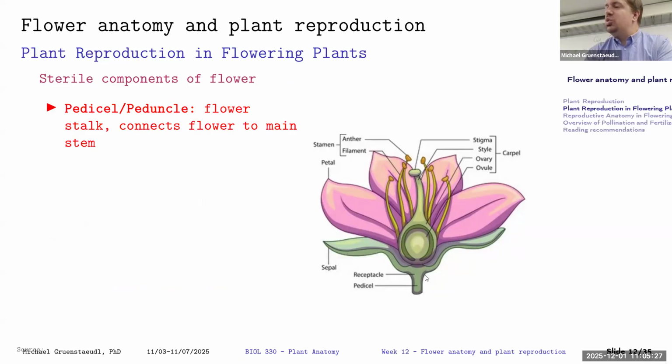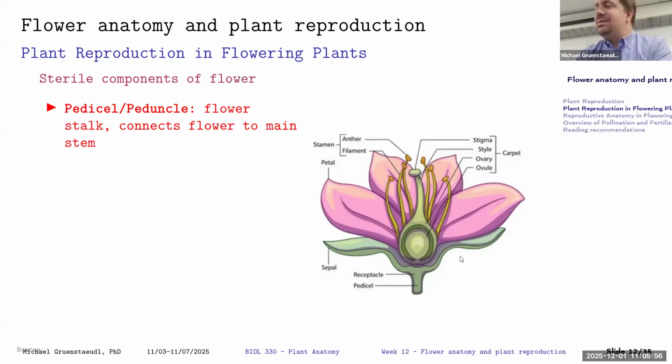This is what swells and becomes juicy and fleshy in strawberries or in apples, because neither strawberries nor apples are genuine fruits. Well, they do have a fruit part to them, but what you eat is not actually fruit tissue, as you will learn on Friday.